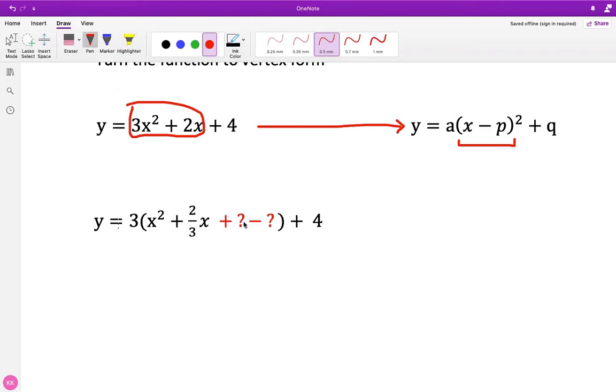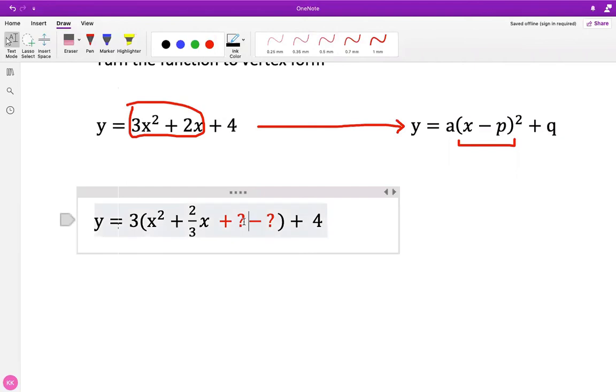Now I'm going to add a number in order to complete the square for this equation. So what is the number I'm going to add? Basically, I take the middle term's coefficient, which is 2 over 3, and divide it by 2.